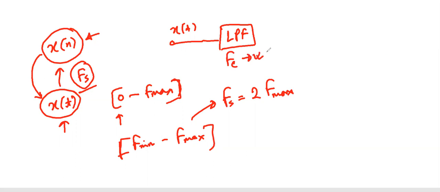We should know that, because you have designed the low pass filter, so you have to know your cutoff frequency. And this cutoff frequency is actually the maximum frequency of your band. After that, we can say this is x(t) prime, which has the maximum frequency equal to the cutoff frequency.